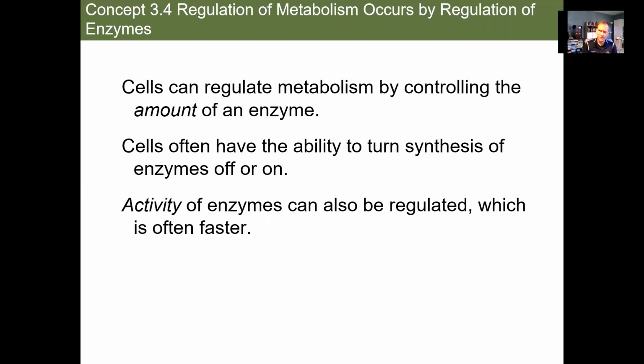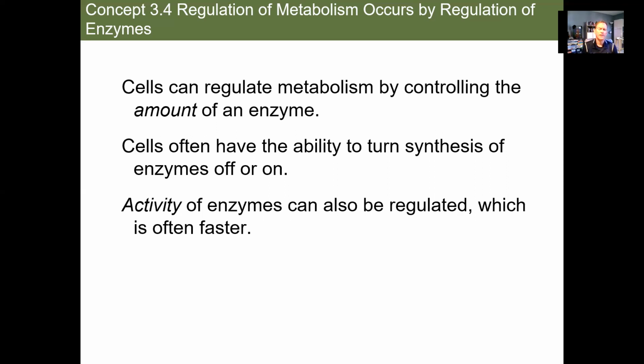So now moving on to allosteric regulation and how we look at it. Cells themselves, right, they can regulate their metabolism usually by controlling an enzyme. All right, an enzyme is a protein. So protein, how do we control how much protein is there? Well, we turn on or turn off DNA.